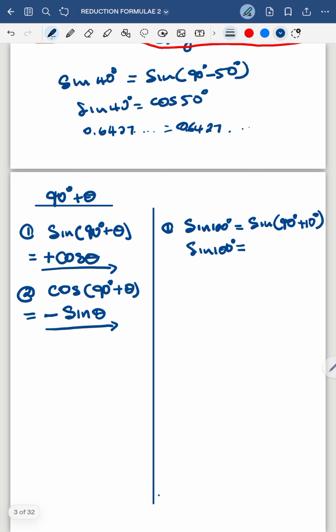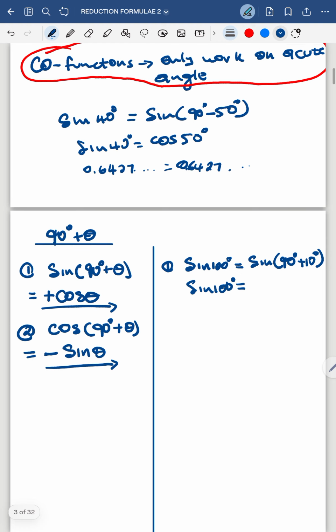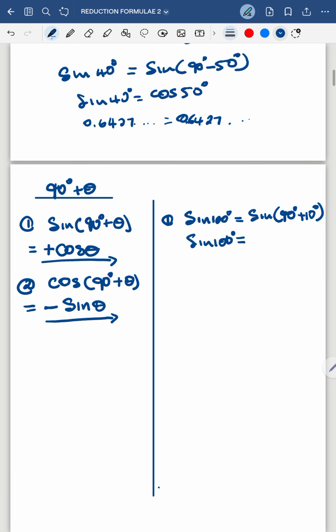I am not sure if it's going to apply on this, but then we need to get some example of what we are going to write. Otherwise, I said to you, this only applies in the cofunction, in the acute angles. But then let's work on it in this case.